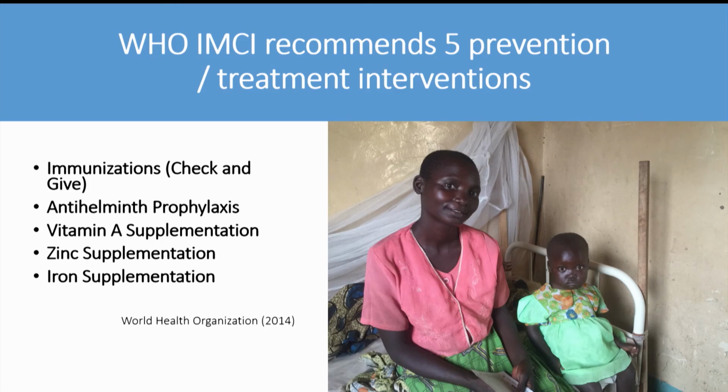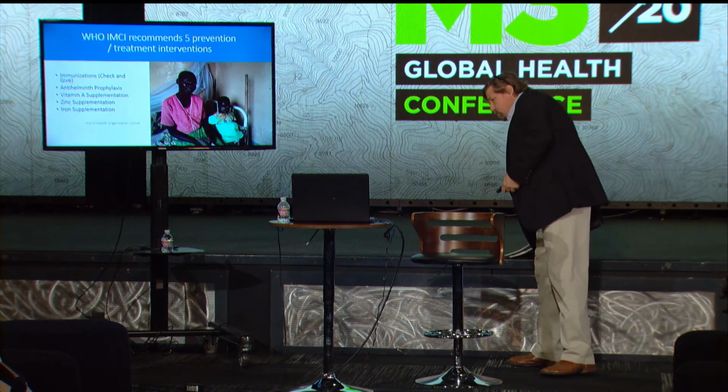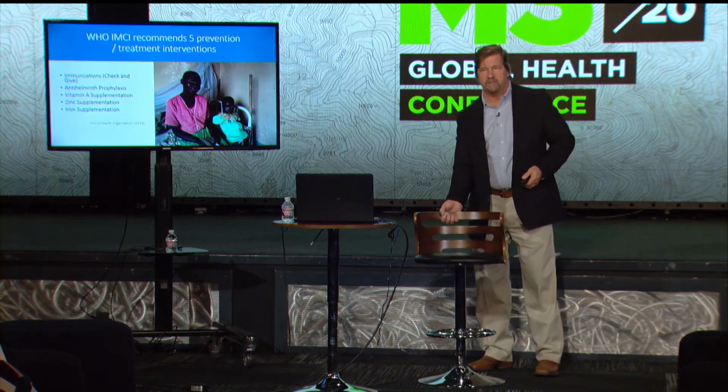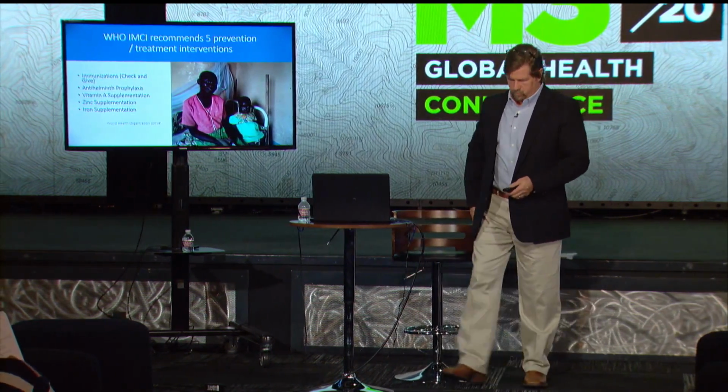Vitamin A supplementation, probably not something you're familiar with here if you're doing pediatrics in our country. Zinc supplementation, probably not something you're readily familiar with if you're practicing in this context. And then iron supplementation. Well, let me explain a little bit about why each of these and maybe some of the rationales for them.